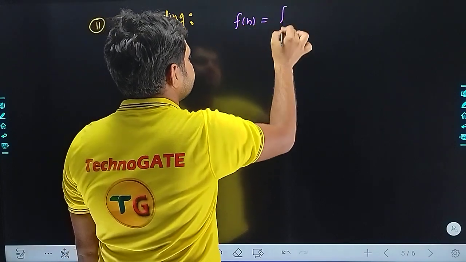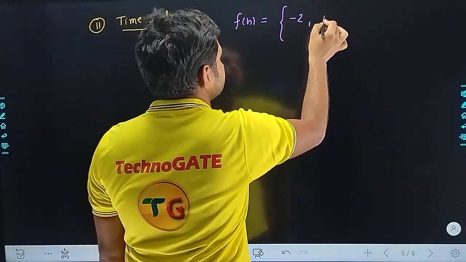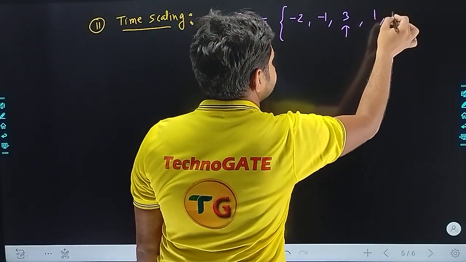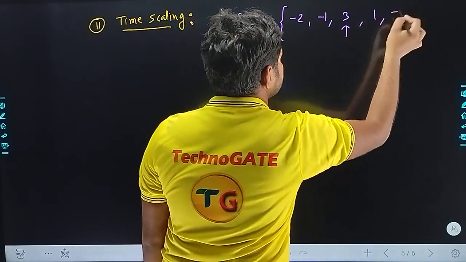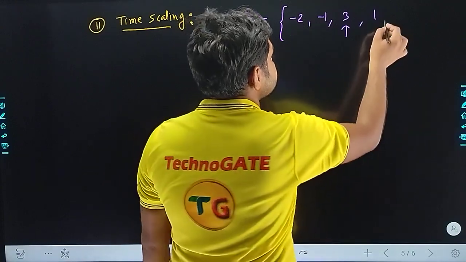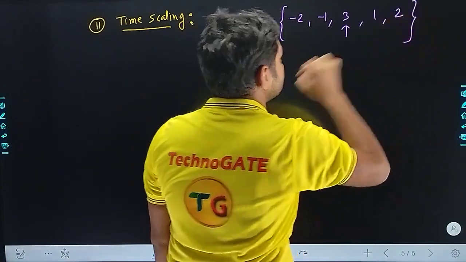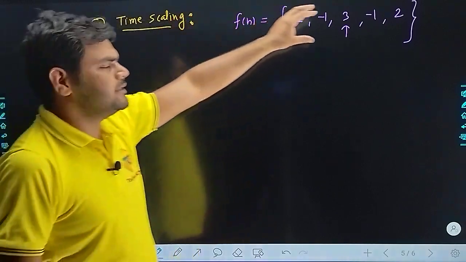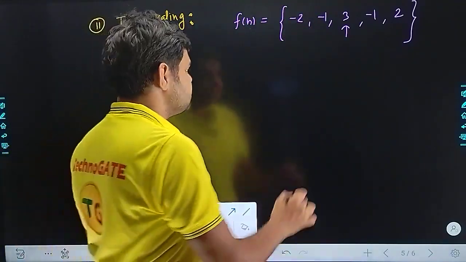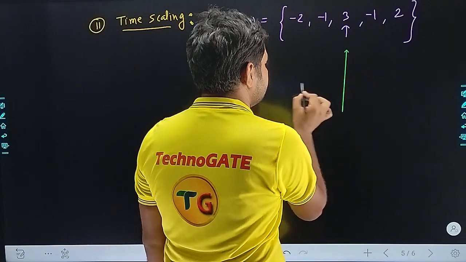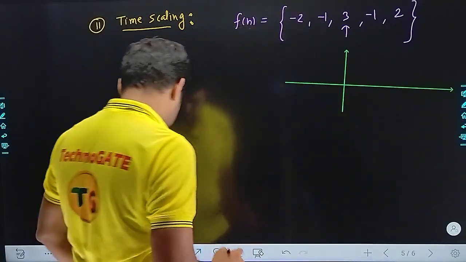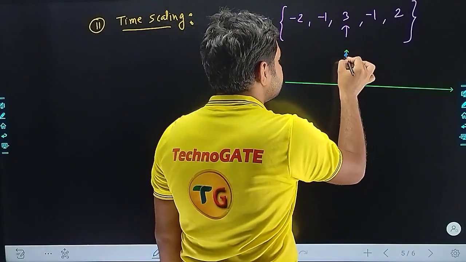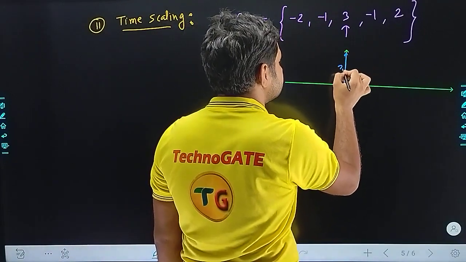That was f of n, we are having -2, -1, 3, 1, comma 2. Okay, I think I have taken -1 here. It's fine. This is f of n that I have taken, and we have also represented this f of n on the graph. Let me represent it very quickly for you. At n equal to 0, its sample value is 3.